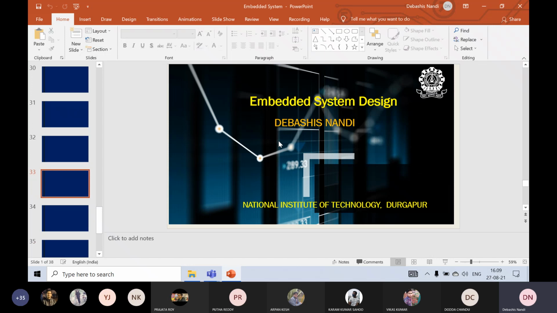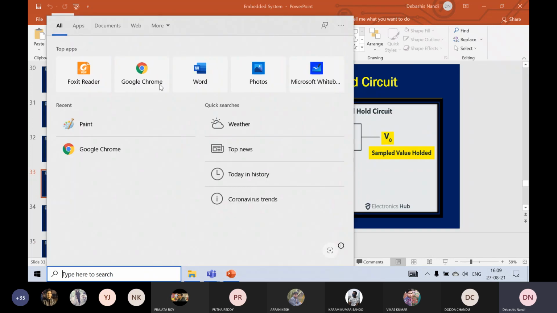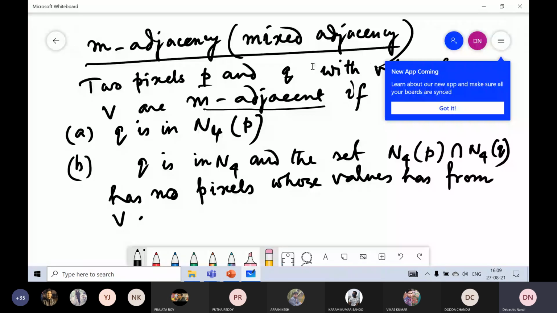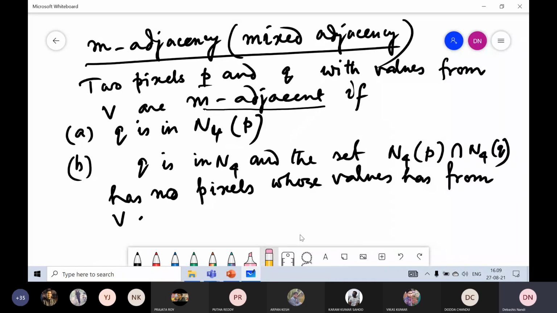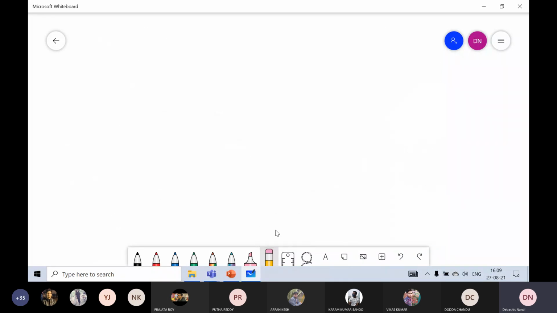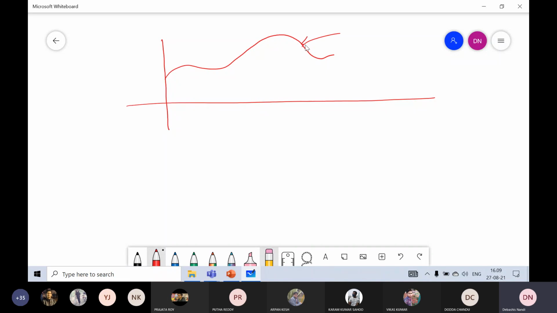Suppose this is our analog signal x(t), and X(f) is the frequency domain of this x(t), which can be obtained by taking the Fourier transform of x(t).